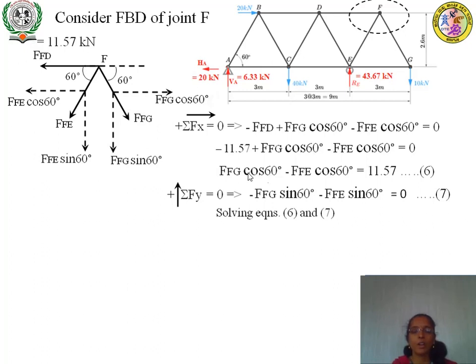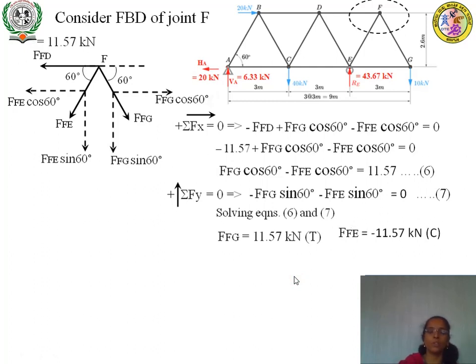Fg is the first unknown, so you have to write the same Fg in the second equation as well. If you solve those two simultaneous equations, then Fg is equal to 11.57 kilonewton tensile. Positive means tensile, and Fe is equal to minus 11.57 kilonewton.